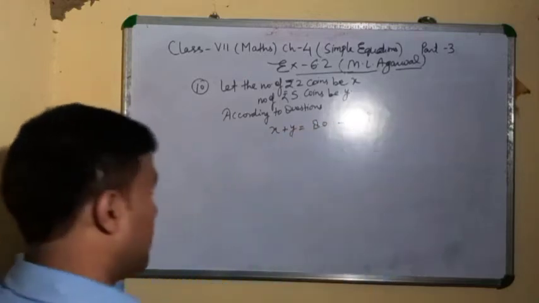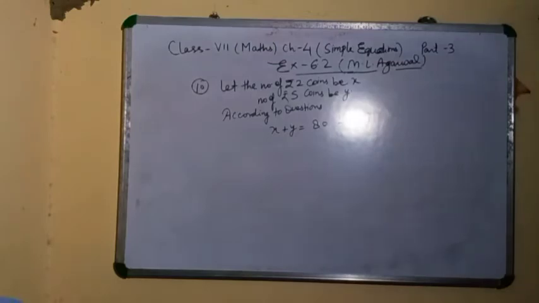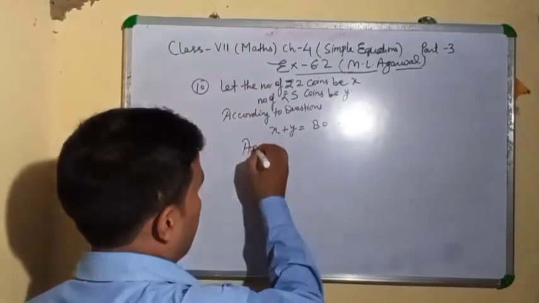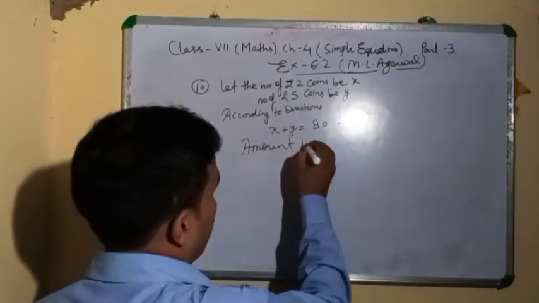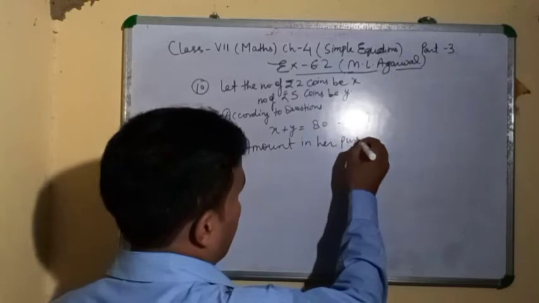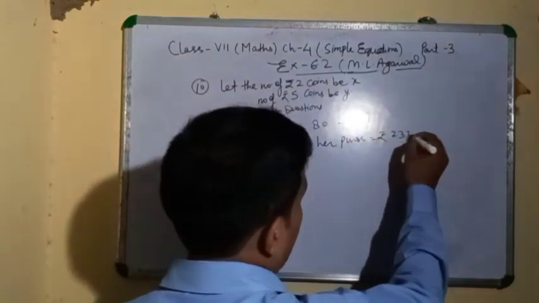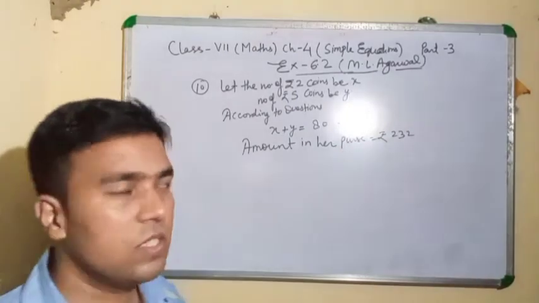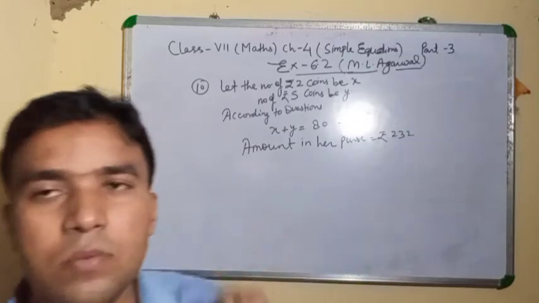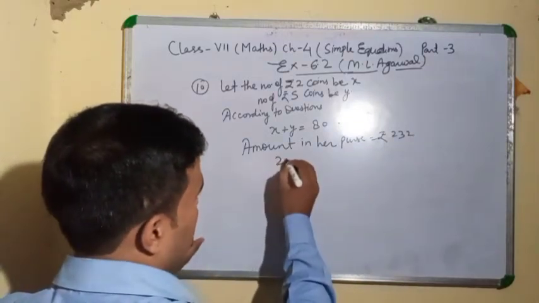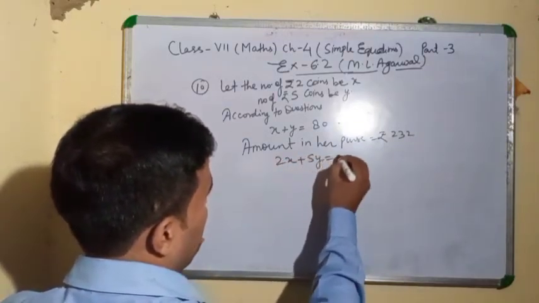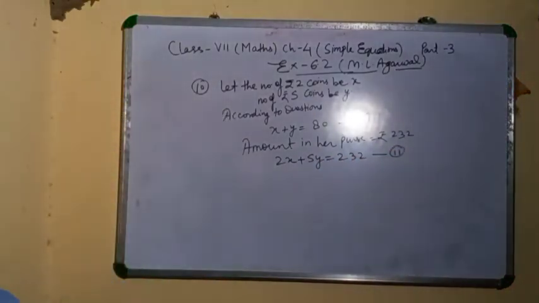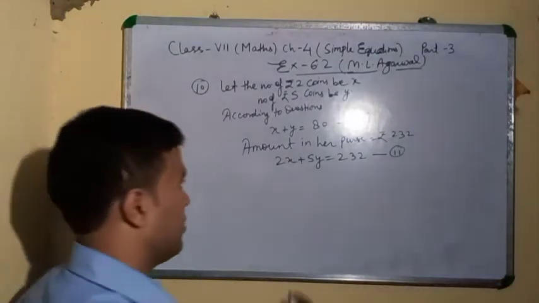Clear? x plus y equal to 80. Amount in her purse, 232 rupees. The amount in her purse 32 rupees, 2 rupee and 5 rupee both coins, means 2x plus 5y equal to 32. Clear? After that, from equation first and second.